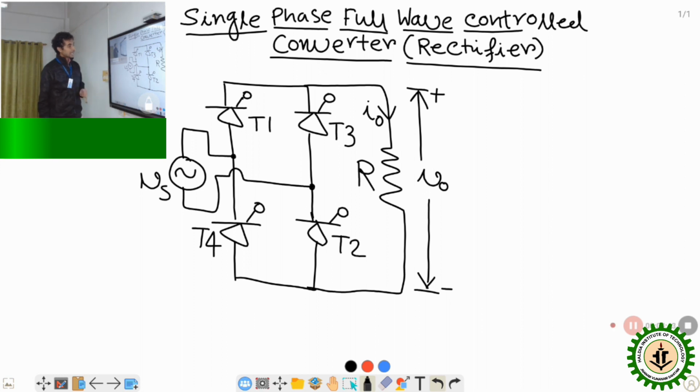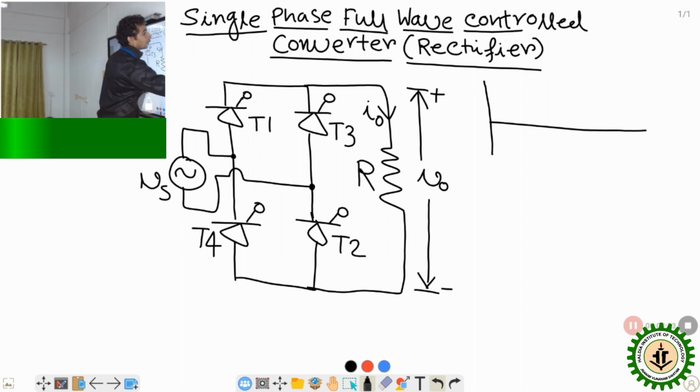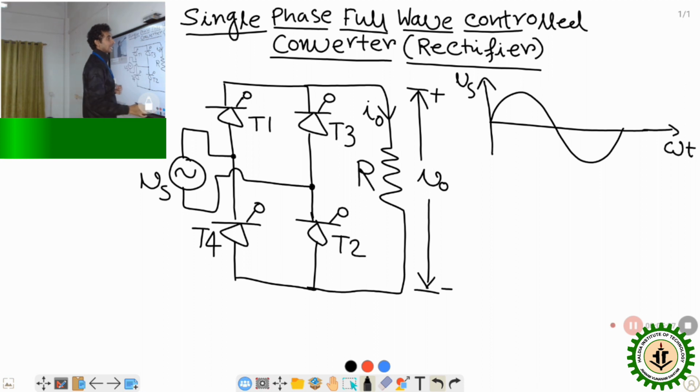Now step by step we are going to draw the waveforms for supply voltage, output voltage and output current. First, the sinusoidal supply voltage. This is the omega t axis. This is the supply voltage Vs. So obviously it is a sinusoidal supply voltage, and it will look like this. I am going to draw a single cycle.